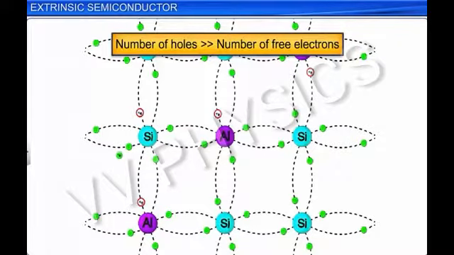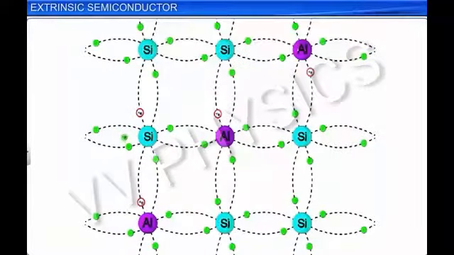We learnt earlier that a positive charge is assumed to be associated with holes. Thus, positively charged holes act as majority charge carriers in a semiconductor doped with a trivalent dopant.